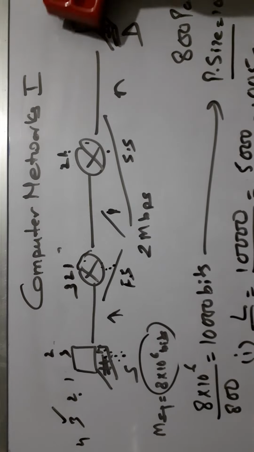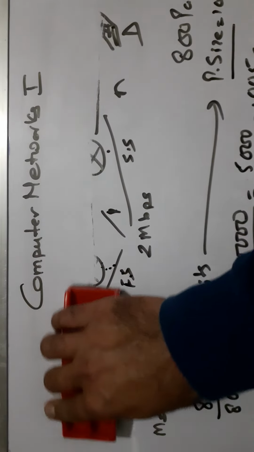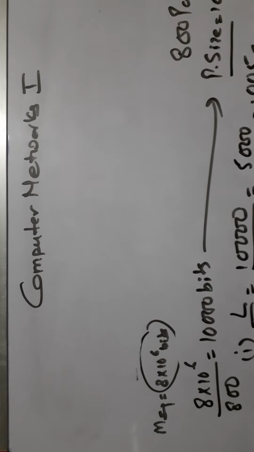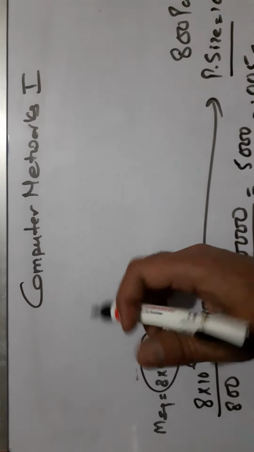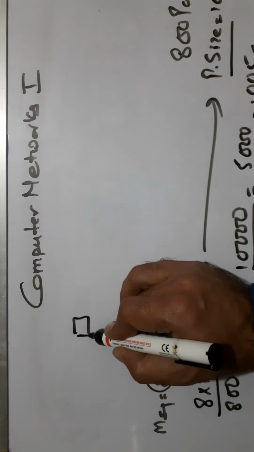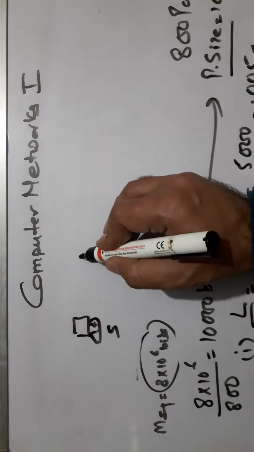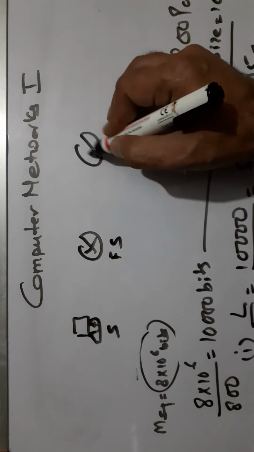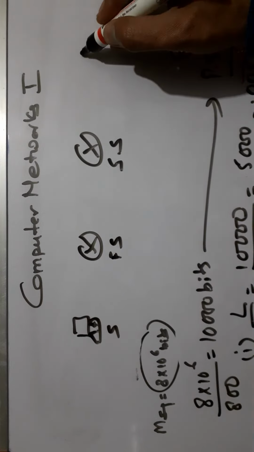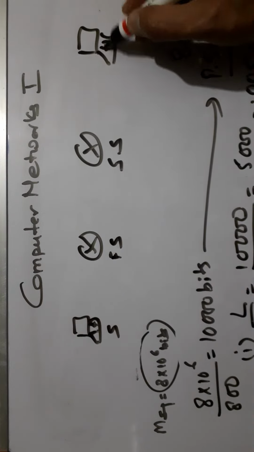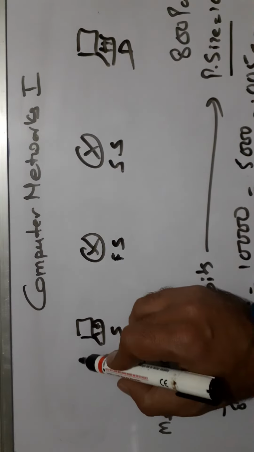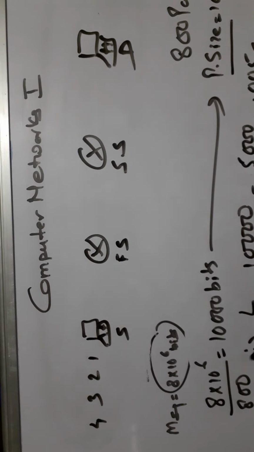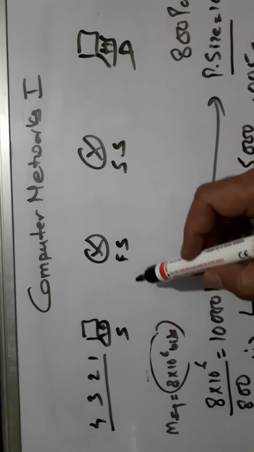Let's understand this concept again. You have this computer source. This is the first switch, this is the second switch, and this is your destination. You have 1, 2, 3, 4, these packets aligned in a queue.